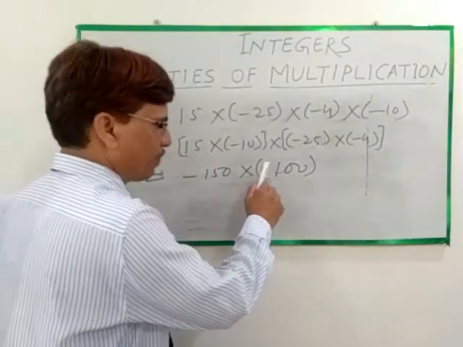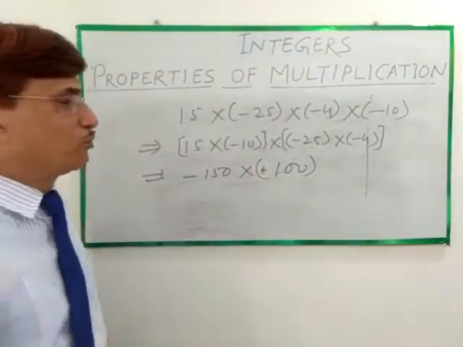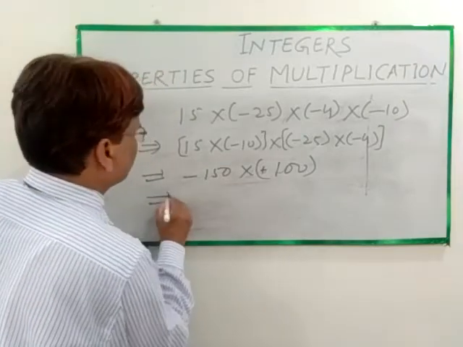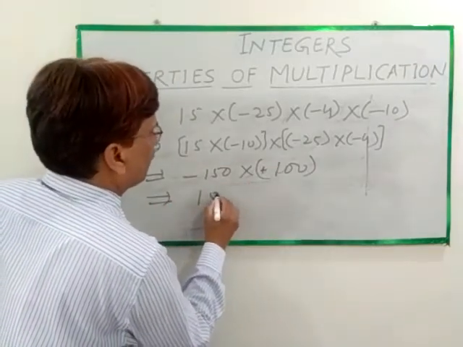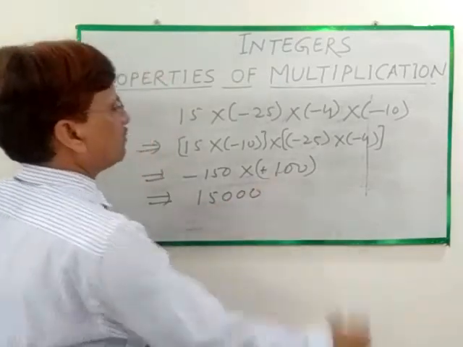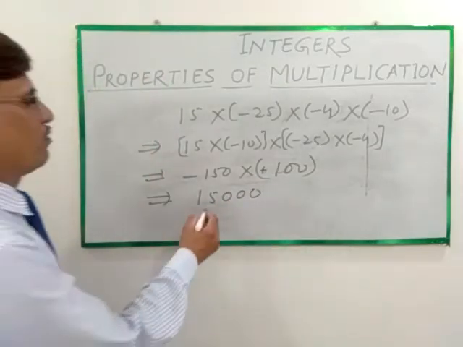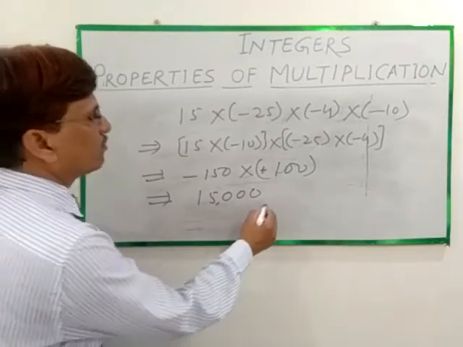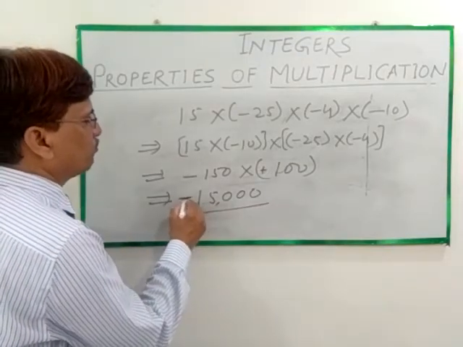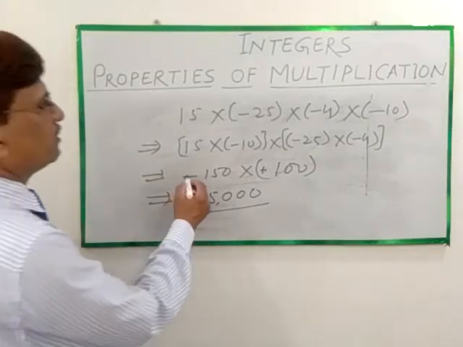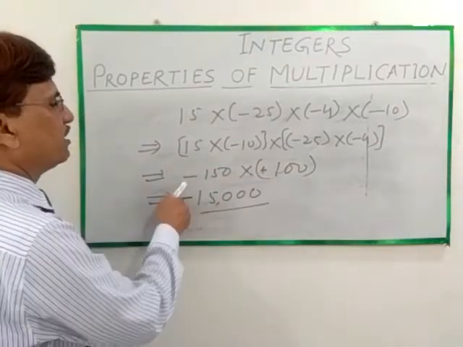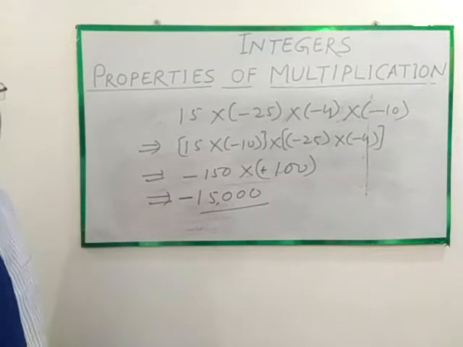If you don't put the plus sign, there is no problem. -150 into 100, 15 and triple 0, 15,000. But you have to put a minus sign, because multiplication of different signs will be negative.